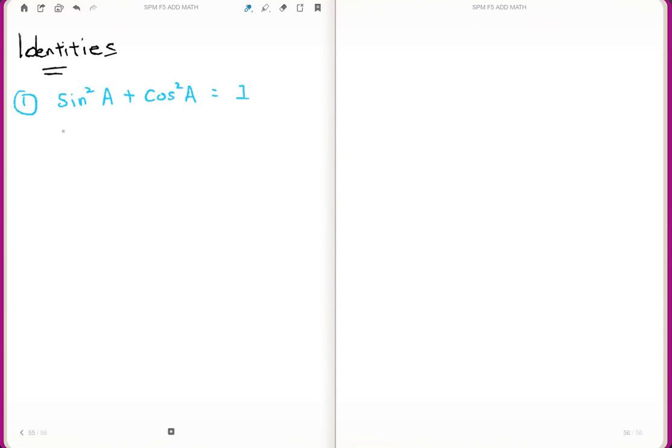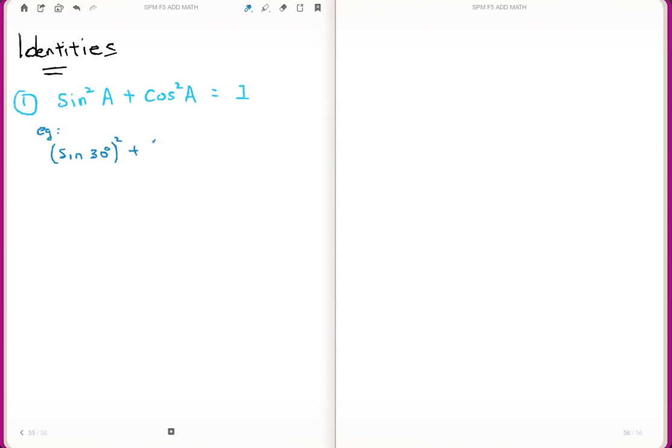Say if A is 30 degrees, for example, sine squared 30 degrees. If you have a number, then you do it here; if it's an unknown, then you do it there.